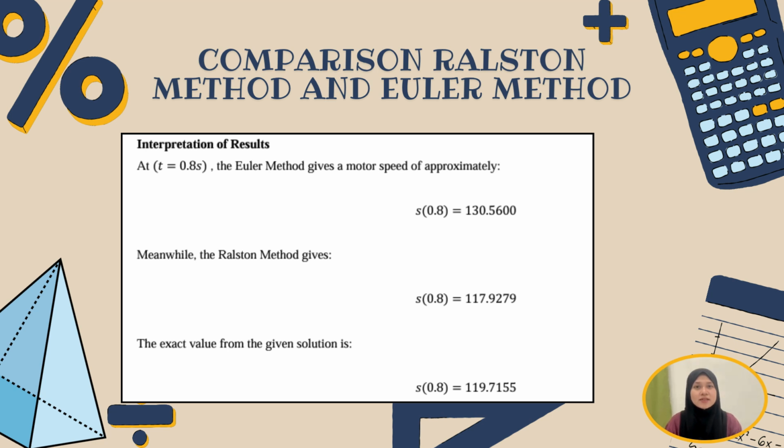Meanwhile, the Euler method was less precise, yielding 130.5600 with a much larger error of 9.06%. This happens because the Heun method utilizes two slope evaluations per step to improve its estimation, whereas Euler only relies on one slope.